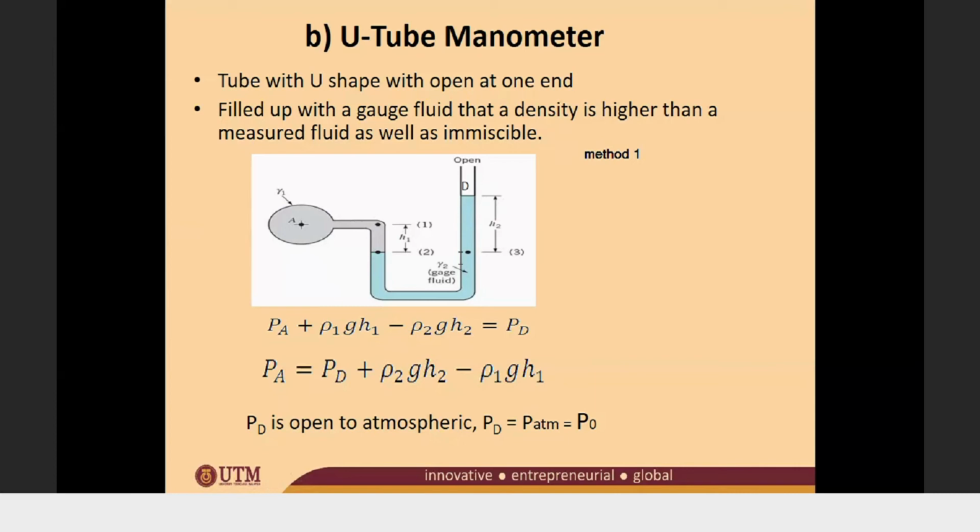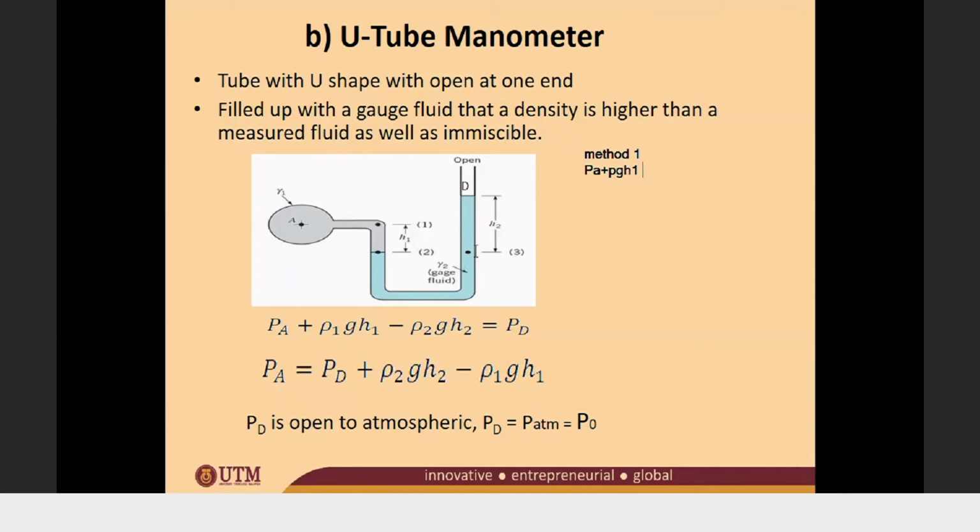You use the concept of the same level, the same pressure. So let's say you want to measure the pressure here. The pressure here is just PA plus rho 1 g h1. That must be equal to the pressure here.